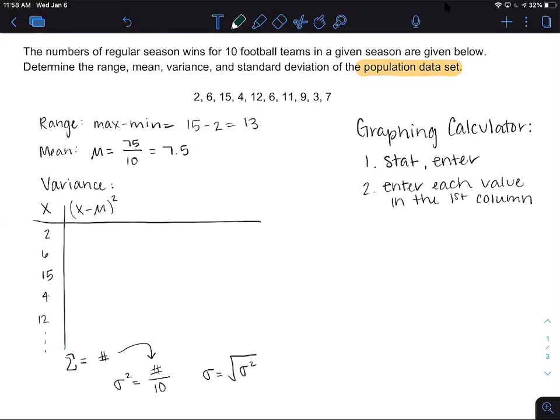If you want to clear out that list before you start, you can up arrow to where it says L1 and then hit clear and enter. And it will delete everything that's there for you. Don't hit delete when you have that L1, because otherwise the whole list will get deleted and you won't see L1 anymore. Okay. All right, so after you've put all of that in, we're going to do second quit.